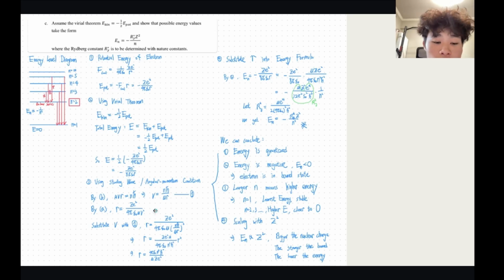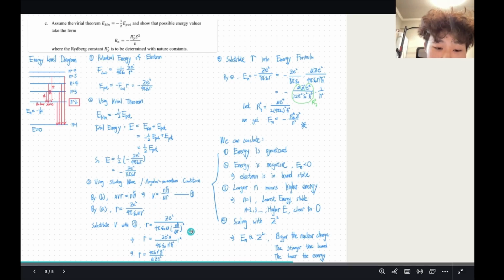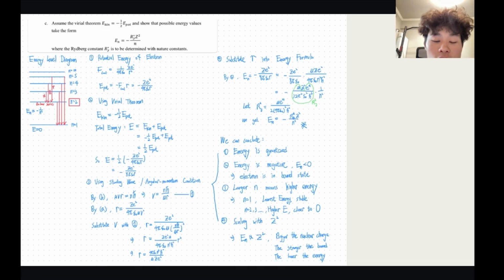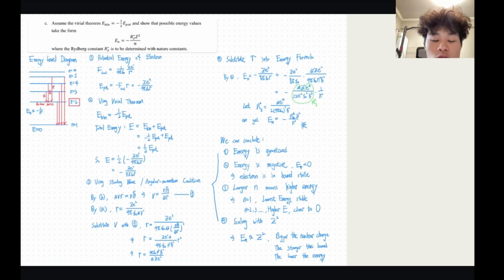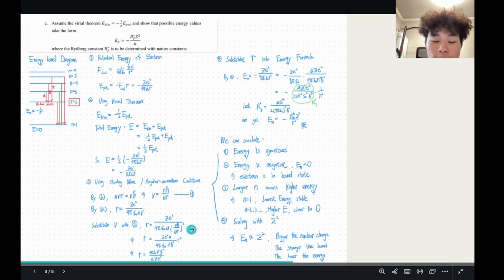By substituting v with equation 1, we get that the radius is z squared over 4 pi epsilon naught mu times n h bar over mu r squared. By calculating this, in the end, we get that the radius r is 4 pi epsilon naught times n squared h bar squared over mu z e squared.